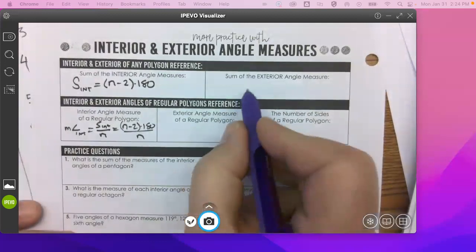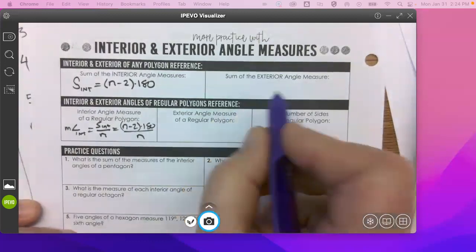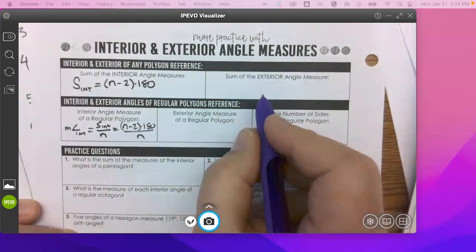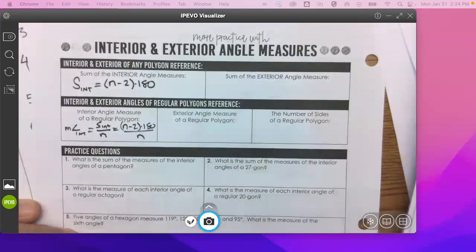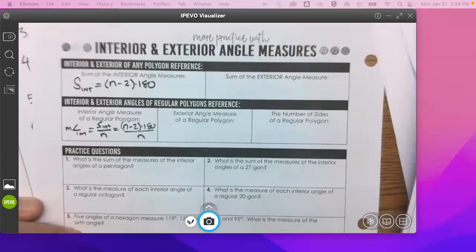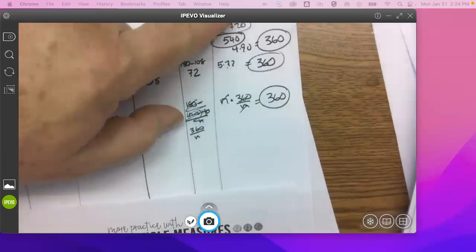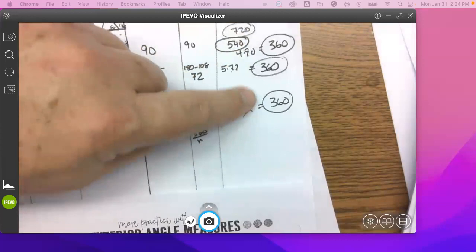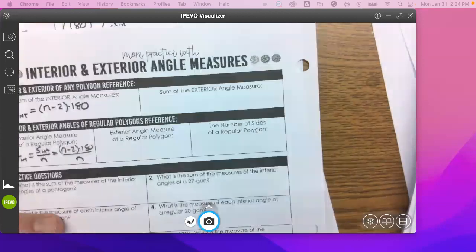And now what we just learned today is the sum of the exterior angle measure. What's the formula for that? We just derived it. It's a new type of formula for you. It does not require a calculator to figure it out. What's the formula for all the exterior angles in any polygon? 360.